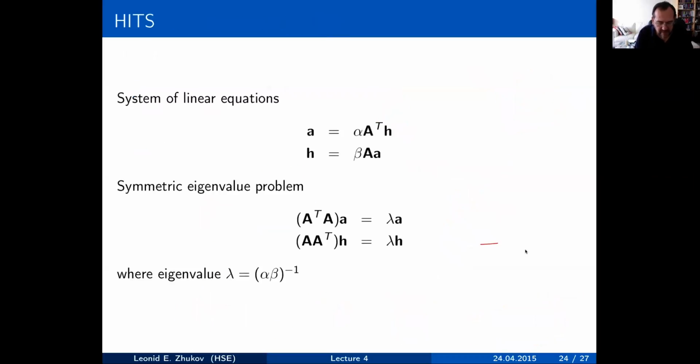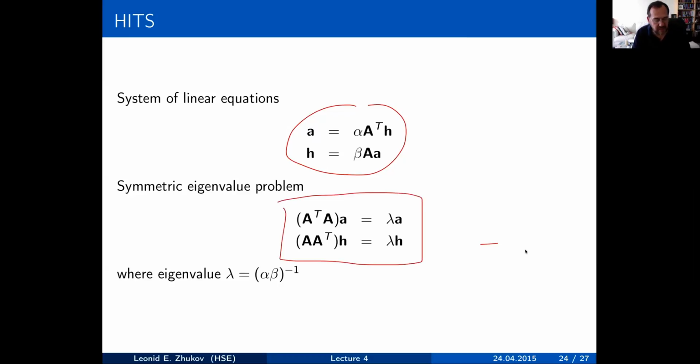And I can rewrite this in matrix format as linear algebra, and then it will again become an eigenvalue and eigenvector problem. But in this case, it's an eigenvalue and eigenvector problem not for the adjacency matrix itself, but for the product of two adjacency matrices: either adjacency matrix times transpose, or transpose matrix times adjacency matrix.